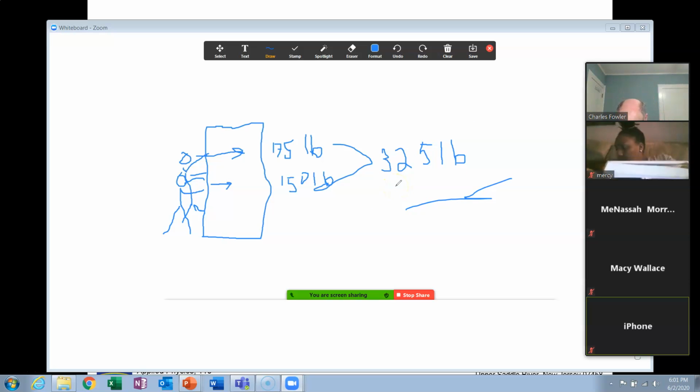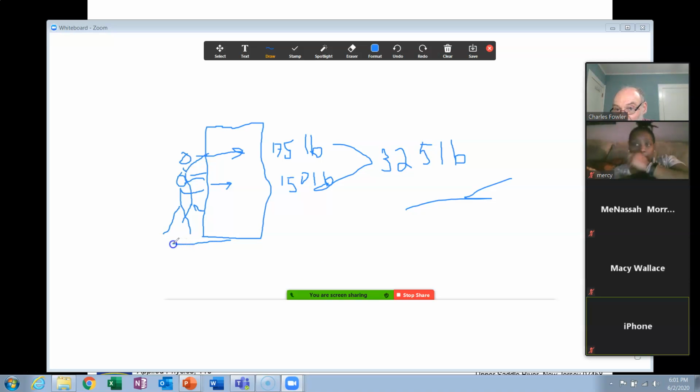Now, I'm going to leave this picture up here. What if the same two workers are pushing on the crate to the right, but the motion is being opposed by a static frictional force of 300 pounds to the left? So that means the friction always opposes the motion.